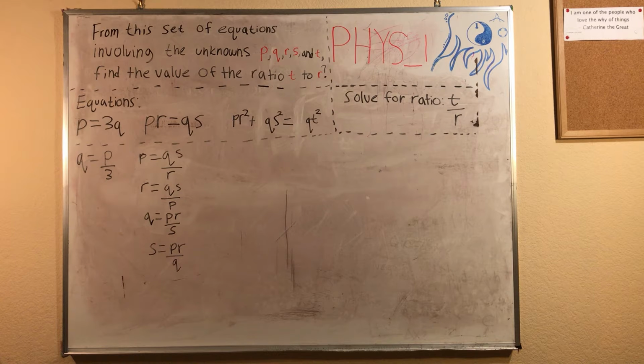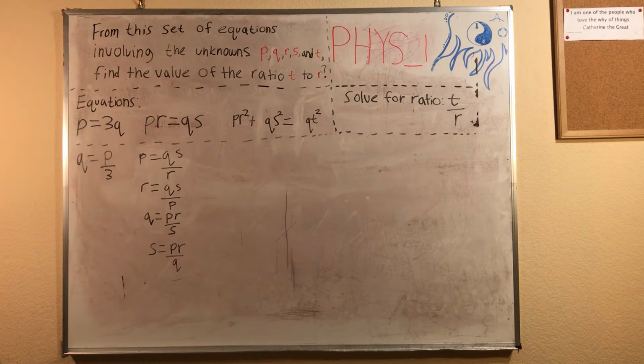Looking at the equations given, we should be able to plug in for either p or q with that simple equation we were given, p equals 3q. So let's plug that into another simplified equation, p equals q times s divided by r.